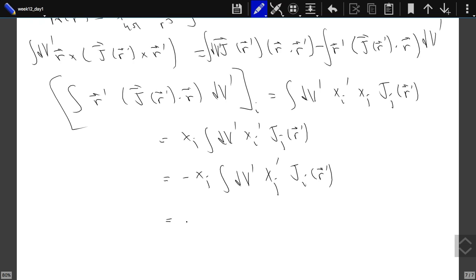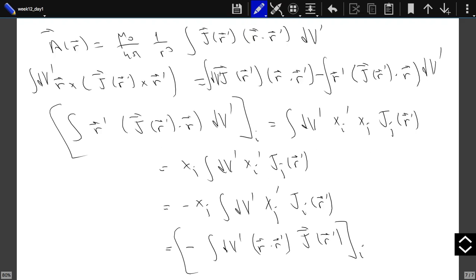So this tells me that this is equal to minus, let me just write it as a vector, r dot r prime j of r prime, the i component. You see, we started with this expression over here. I looked at that expression, the i component, and we had just shown that it is equal to the first term on that equality with a minus sign.